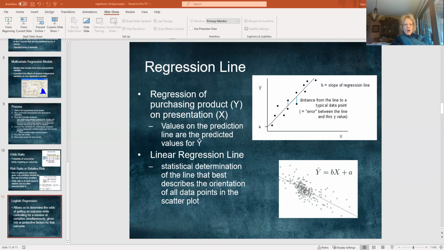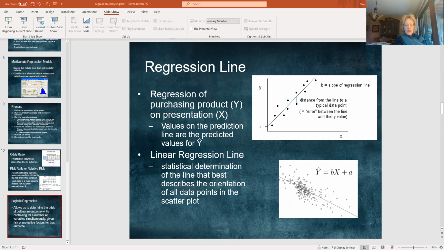And so you start with the regression line. The regression line for this example would be purchasing the product would be Y, and the presentation would be X. And the values on the prediction line are the predicted value for, we call it Y hat. So how likely are they to purchase or adopt?